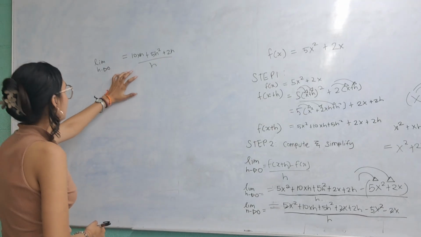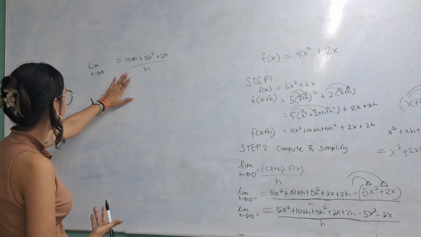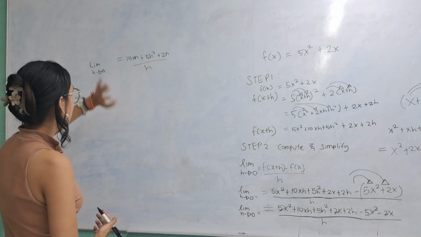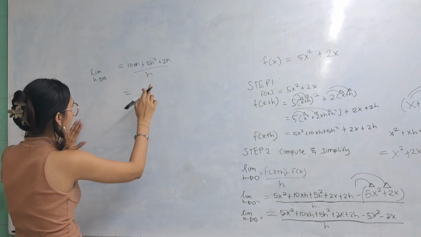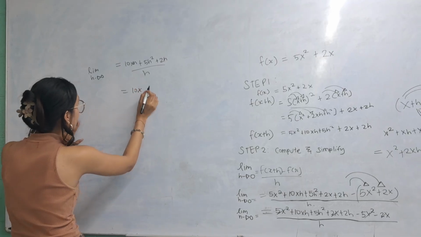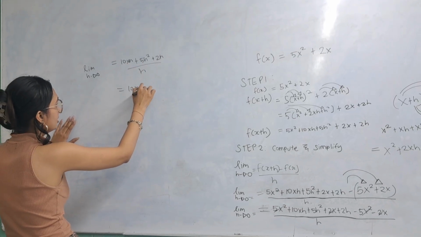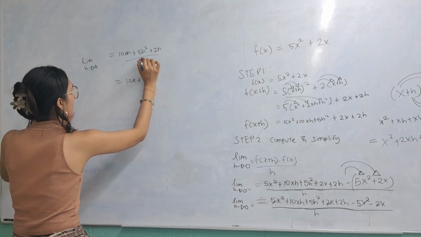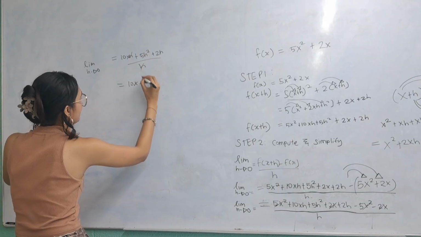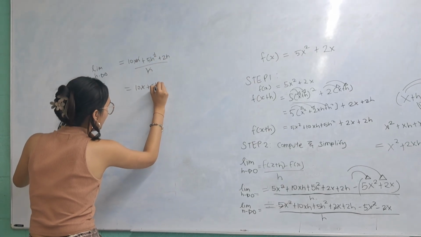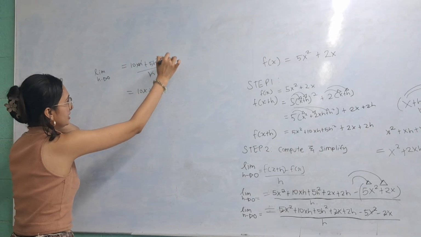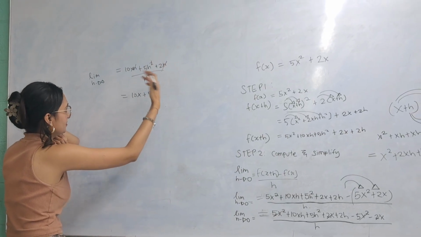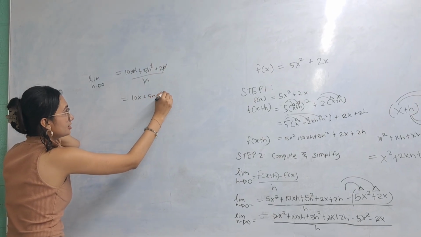This needs further simplification, so this expression is divided by h. So 10xh divided by h, we will get 10x. 5h squared divided by h, we will get 5h. And 2h divided by h, we will get 2.